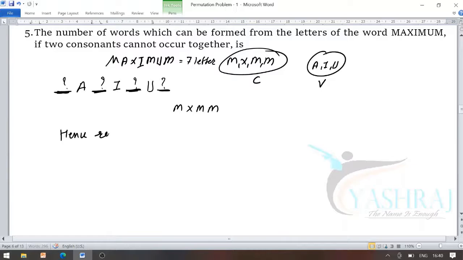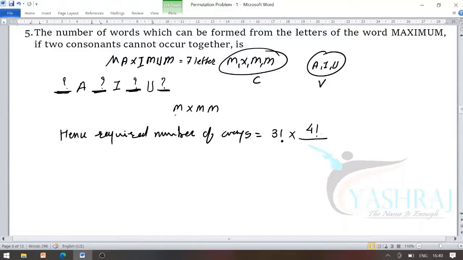Hence the required number of ways becomes 3 factorial, the arrangement of the 3 vowels, following which, as per the multiplication principle, we have the 4 letters M, X, M, M. So the arrangement of them becomes 4 factorial.